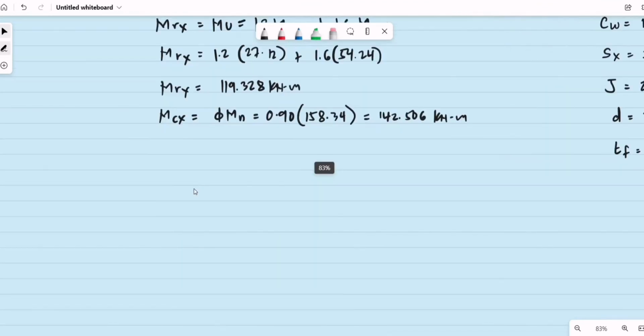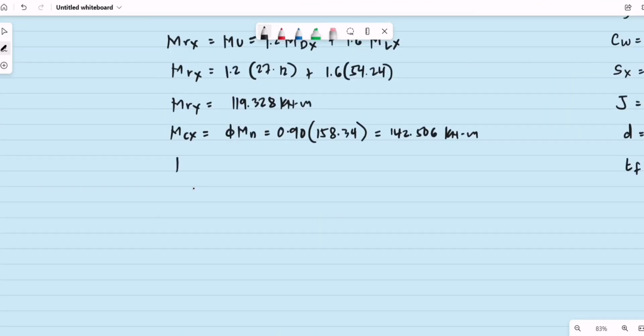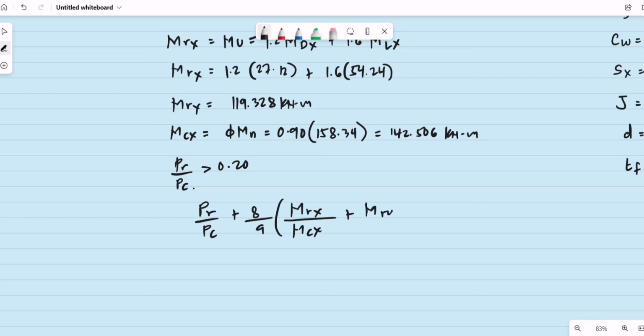So we are now ready to substitute all these values into our interaction formula. Since PR over PC is greater than 0.2, we'll be using the ratio PR over PC, plus 8 over 9 of the quantity required moment with respect to the x-axis divided by M sub cx, plus the moment with respect to the y-axis, M sub ry, divided by M sub cy, and it should be less than or equal to 1.0.